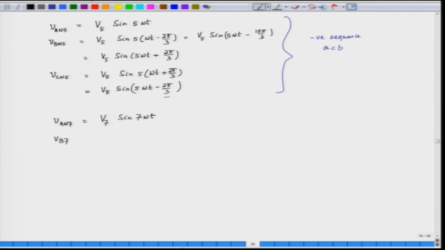V B 7 is V 7 sin of 7 omega t minus 2 pi by 3, which is equal to V 7 sin 7 omega t minus 14 pi by 3. So, we can simplify this. If we simplify, that is V 7 into sin 7 omega t minus 2 pi by 3.